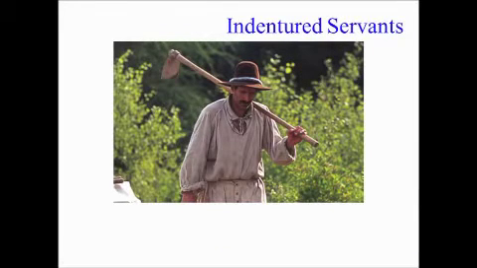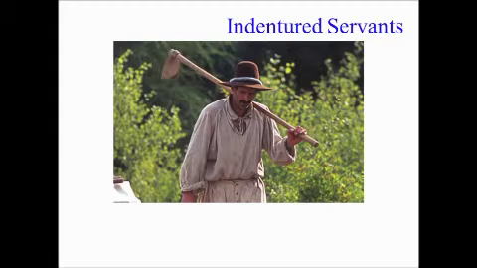Next, indentured servants. This is group number 2 on your chart. Indentured servants were poor people from England who got a free trip to America, and in return they were contracted in an agreement, or indentured, is the word that they used back then, to the farmer in America who had paid for their trip.